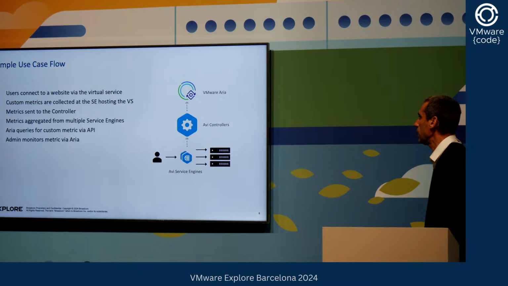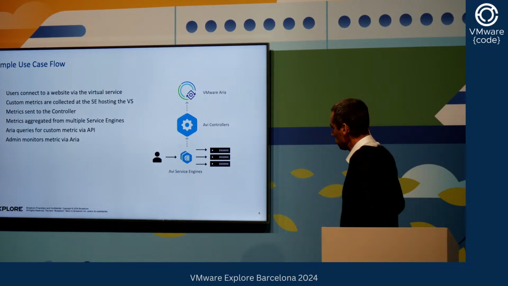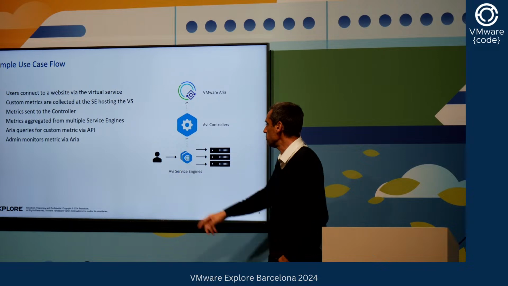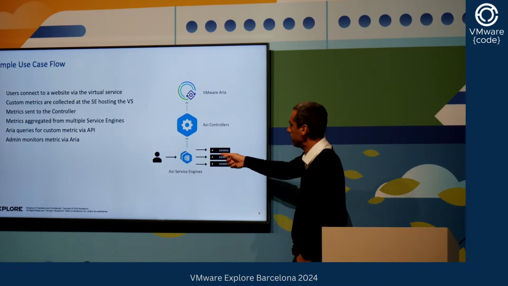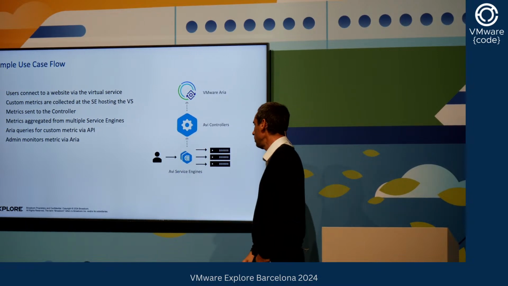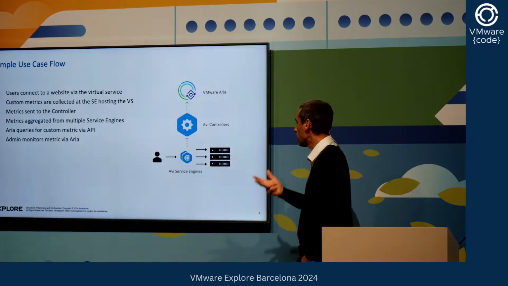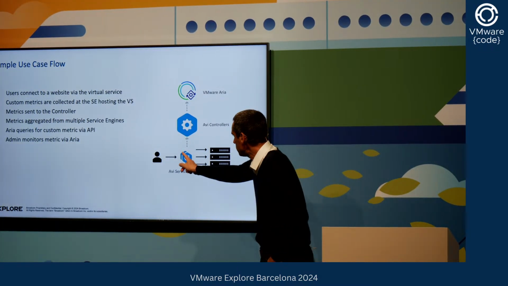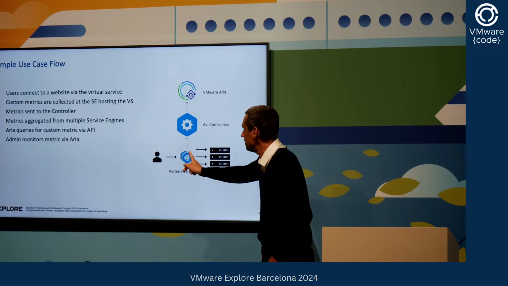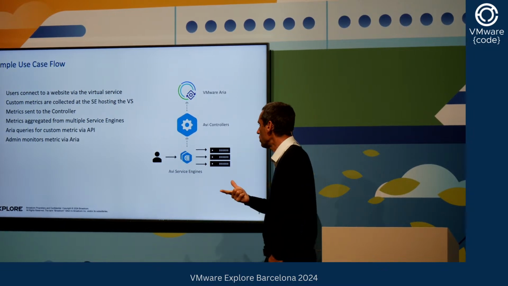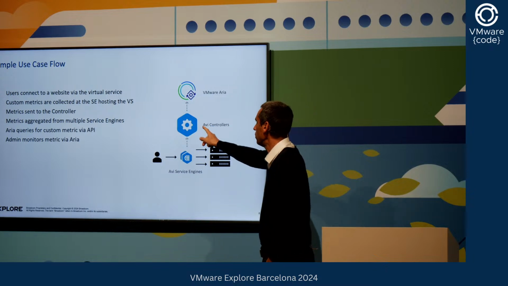And what kind of use case can you have here? Again, here you have the user of your application, you have the service engines, which are the load balancers, and you have the backend servers. They can be physical servers, VMs, or containers. Those service engines are sending the information, the real-time metrics and the logs, to the Avi controllers.